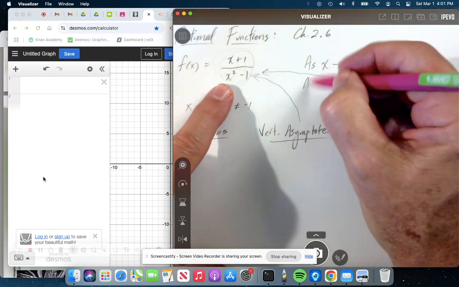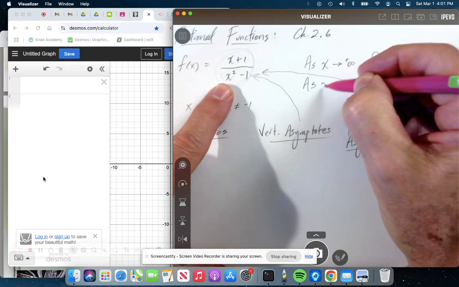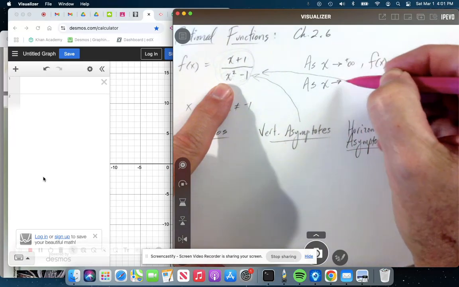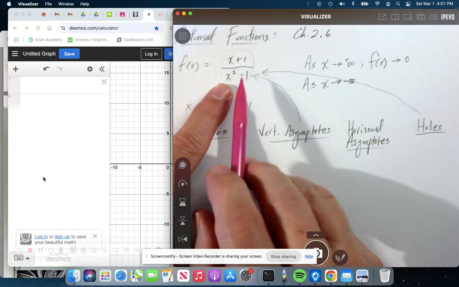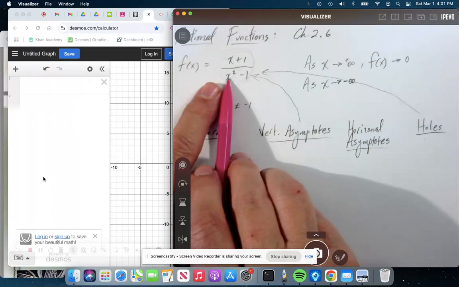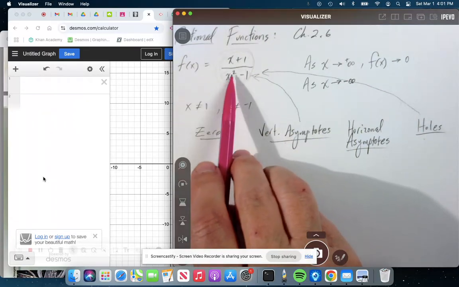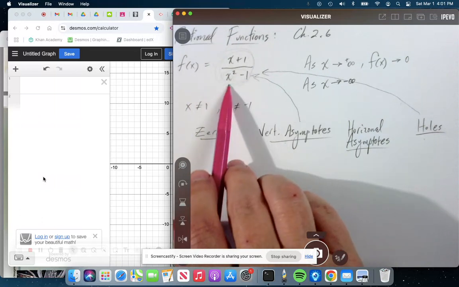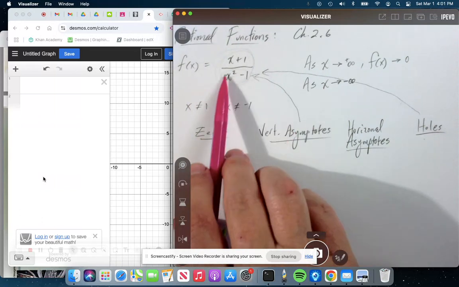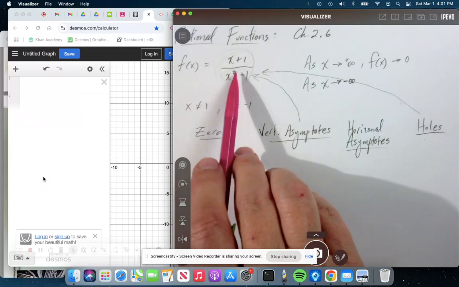So as x approaches negative infinity, it's a little more confusing. As we go in the negative direction, well, negative squared is positive, right? So the bottom is going to remain positive even when x is negative. However, the top won't.